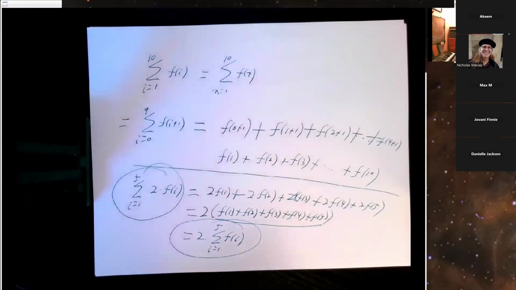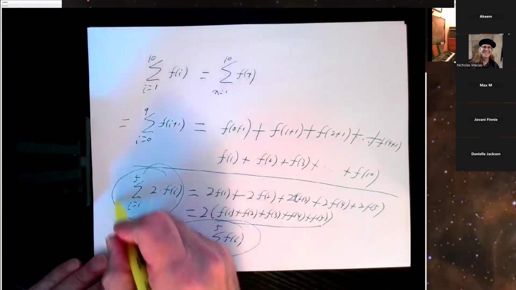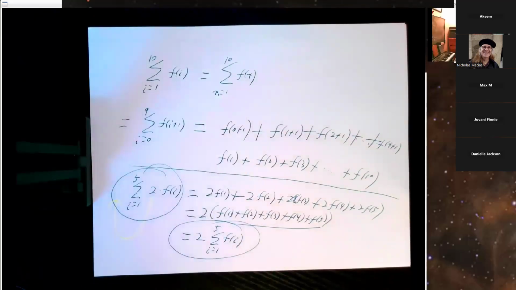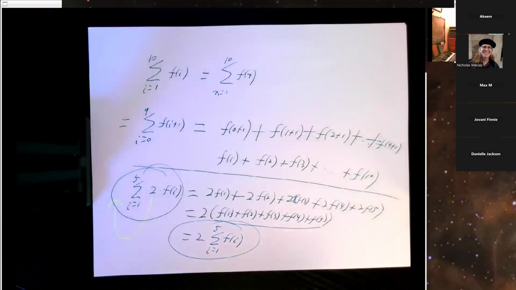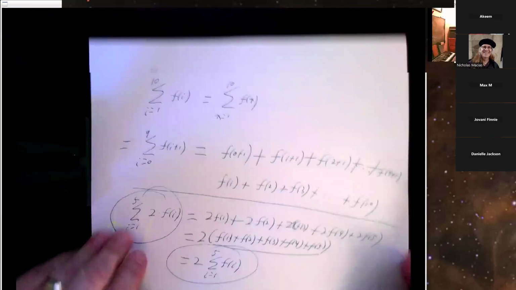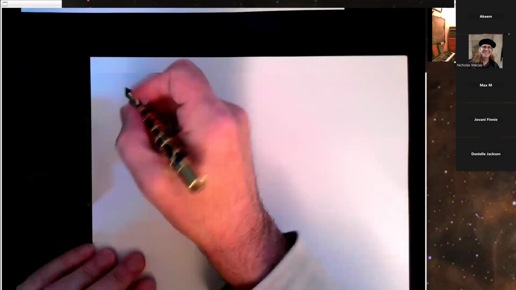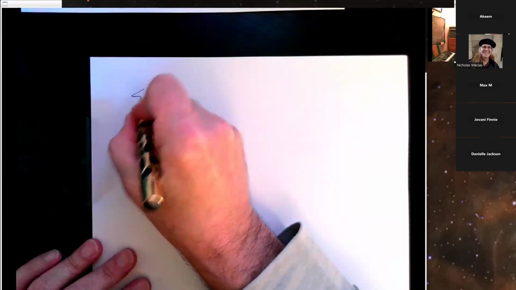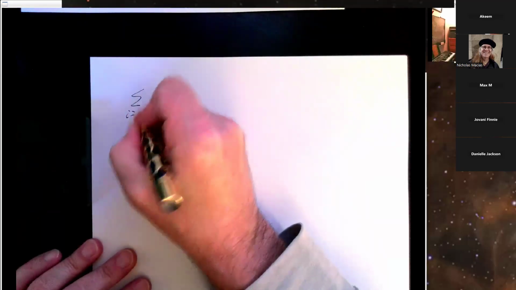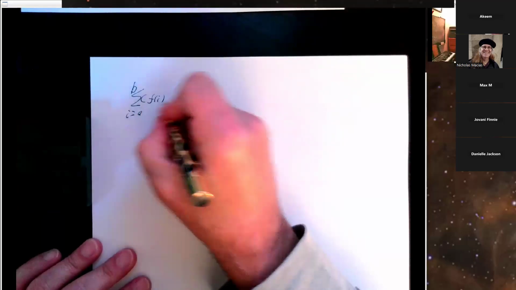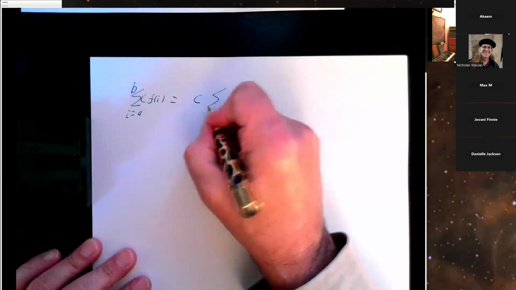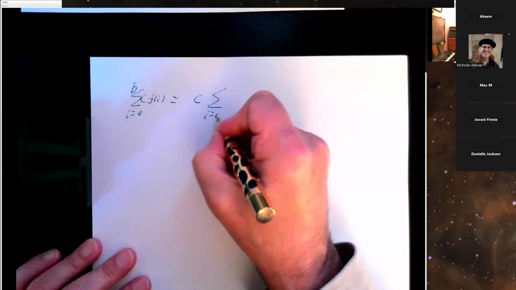And what did I do? Well, I took that constant 2 and I pulled it outside the summation. And so we have this general rule: the sum from i equals a to b of f of i times some constant is just the constant multiplied by that summation.